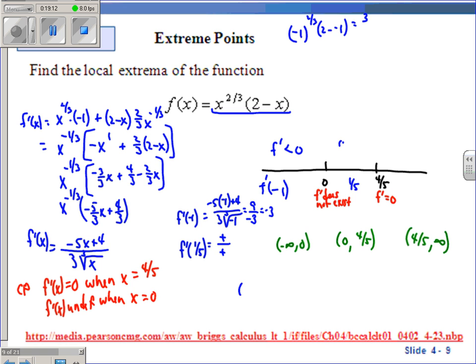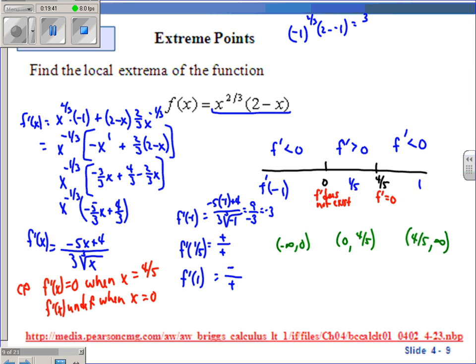So I see that the derivative here is positive. Okay. Now for something bigger than 4/5, let me use the number 1. Look at the derivative for when x is equal to 1. F prime of 1. Now the top, when I put 1 in, is going to be a negative number. The bottom, when I put +1 in, will be a positive number. So I know my derivative then is going to be a negative number.